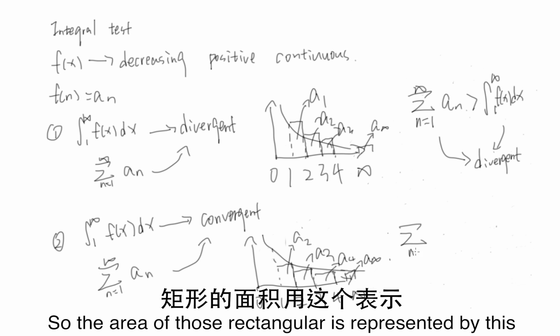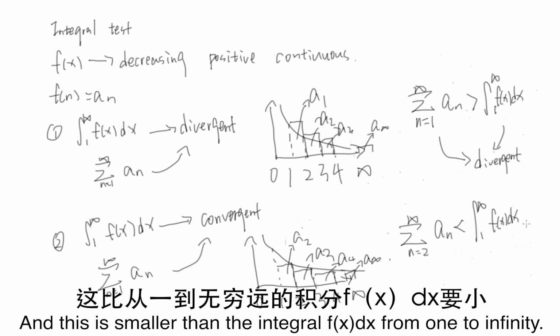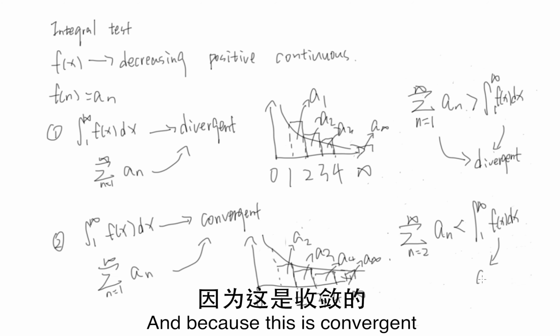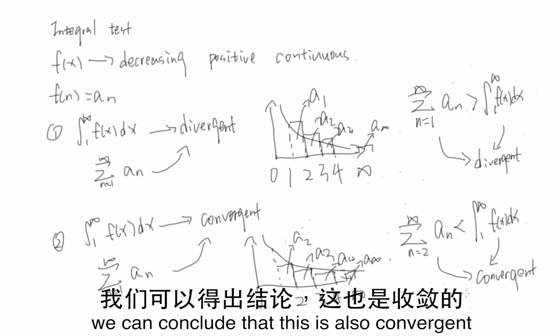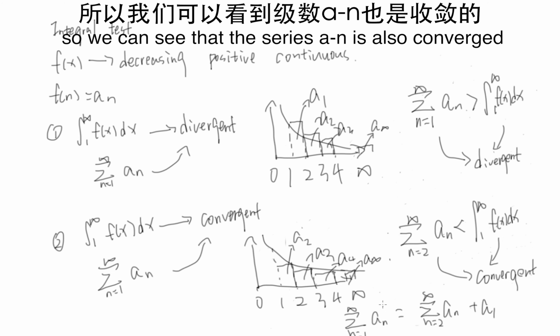So the area of those rectangles is represented by this. And this is smaller than the integral of f(x) dx from 1 to infinity. And because this is convergent, we can conclude that this is also convergent. And because the series an equals this plus a1, we can see that the series an is also convergent.